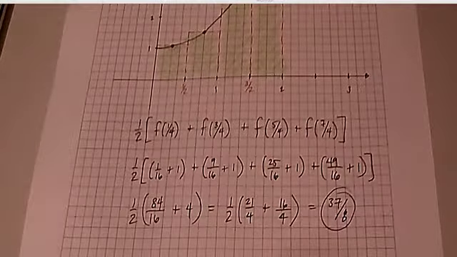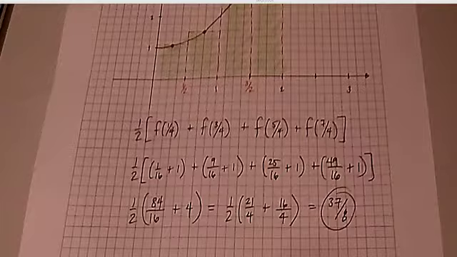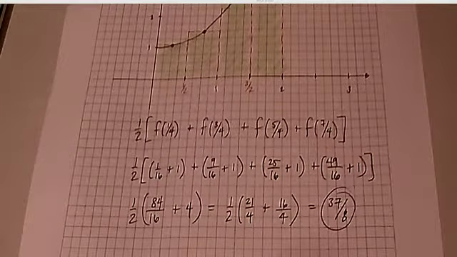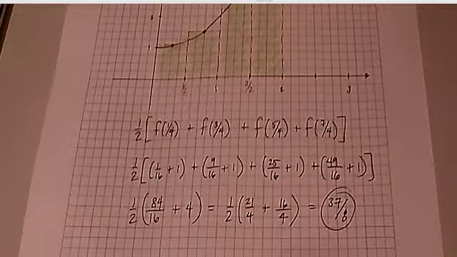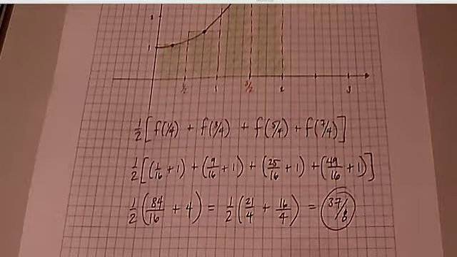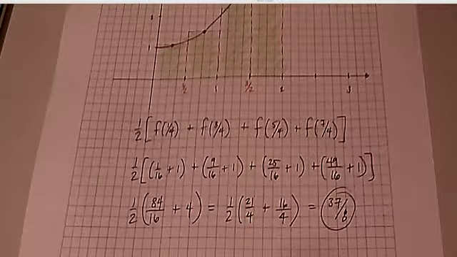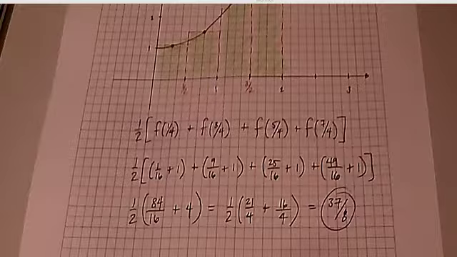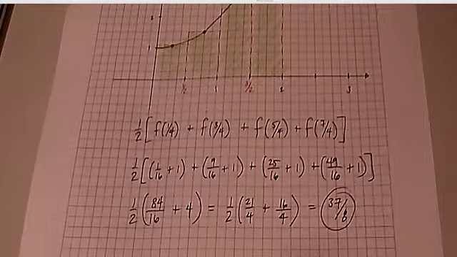Now 37 over 8 is obviously just a little bit shy of what? Well, 37 divided by 8 is a little bit shy of 5, because 40 over 8 would be 5, right? And 36 over 8 would be 4.5, so this is basically 4 and 5/8.